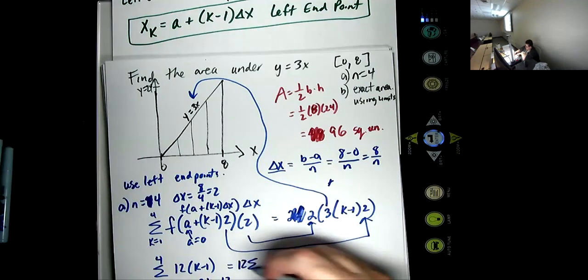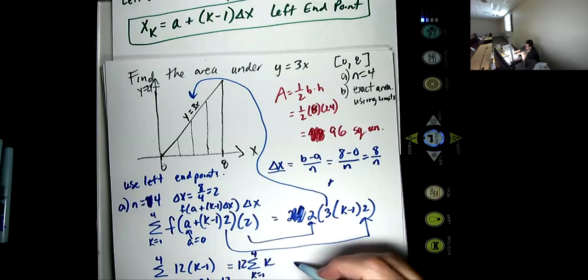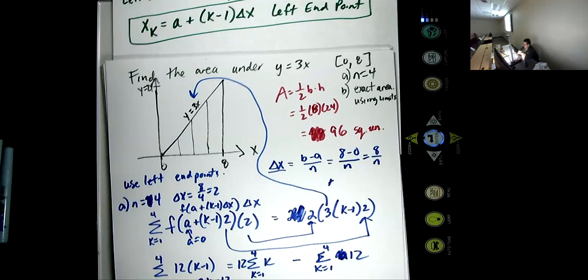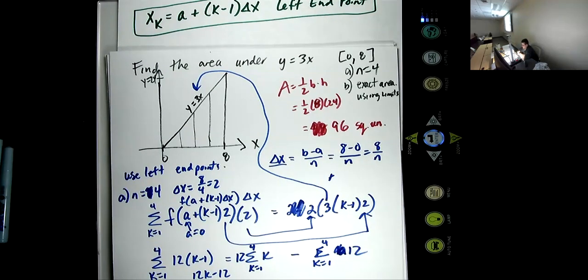I got the summation k equals 1 to 4 of 12k minus the summation of 12. We just split it up right there. This is going somewhere, I promise you.